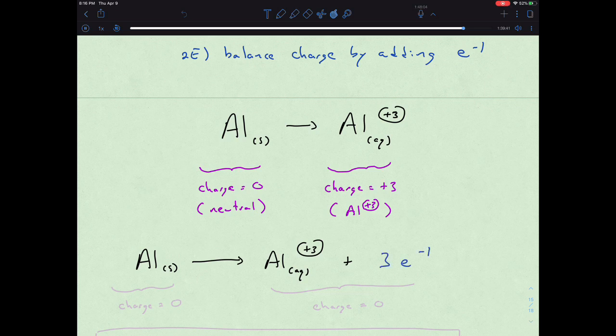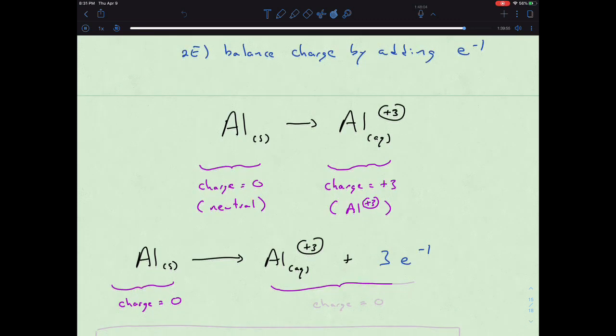And so now we find that our charge on the starting material side on the left is equal to 0. If we look on our product side, we also find that our charge is equal to 0, +3 from the aluminum, -3 from the 3 electrons. Each one's -1 charge. So that gives us a 0 state.